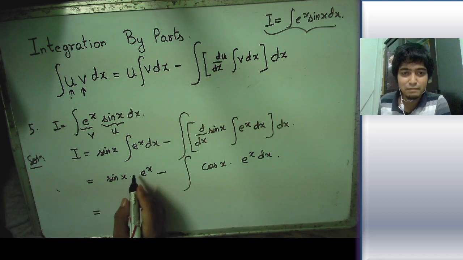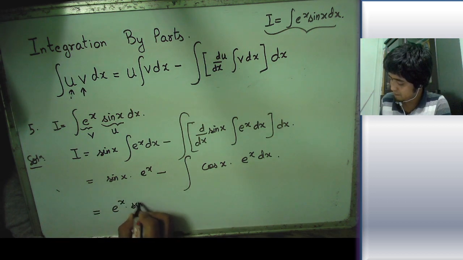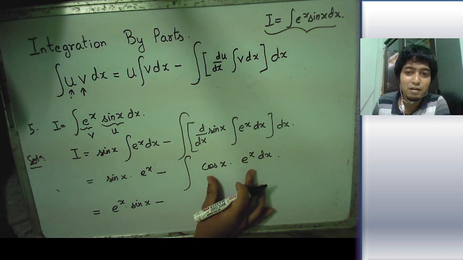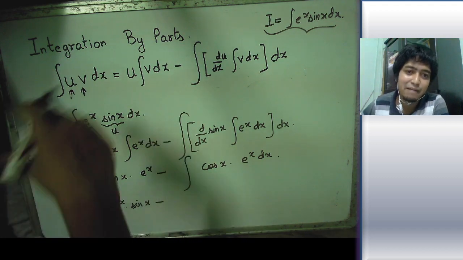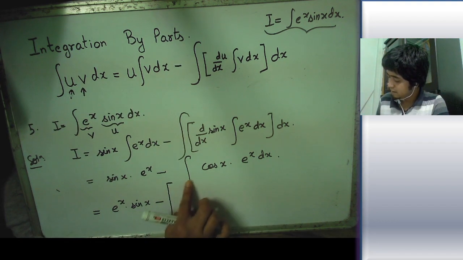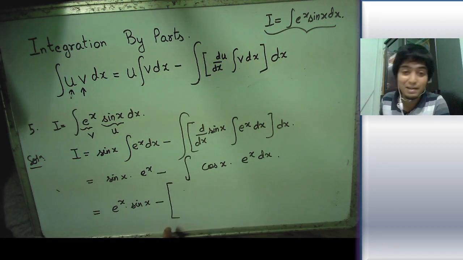So this one we will keep as it is. I'll just write e^x sin x in front, minus, and this one again is a product of two functions, so we will have to use integration by parts again. This is an integral sign, and this minus is for this whole thing, that is why I am writing a square bracket.